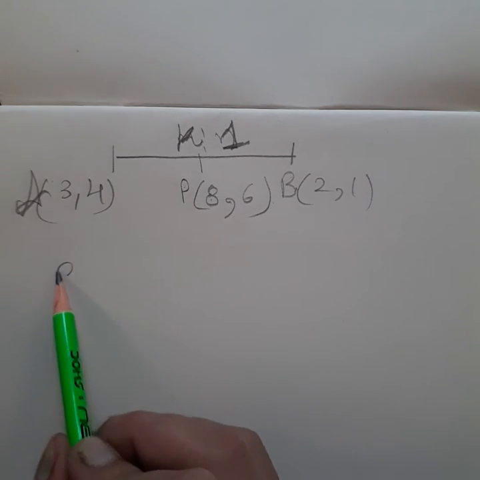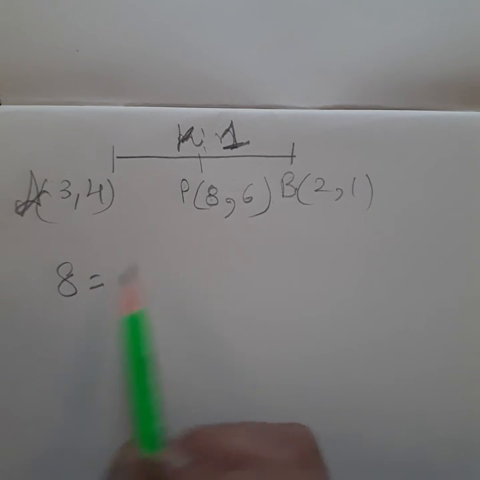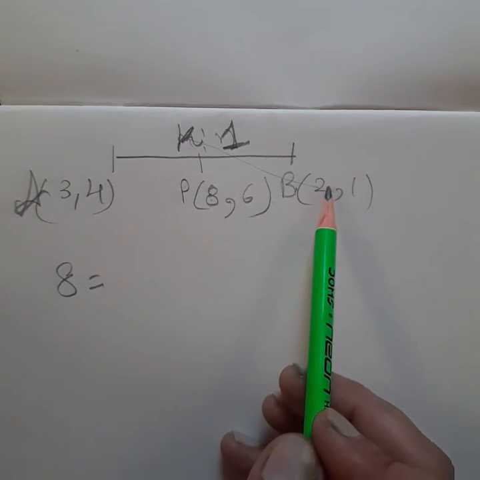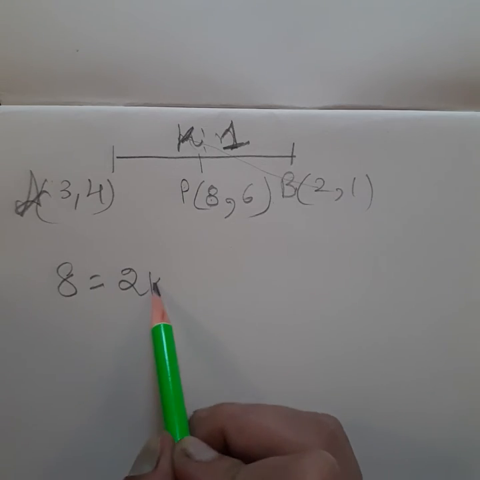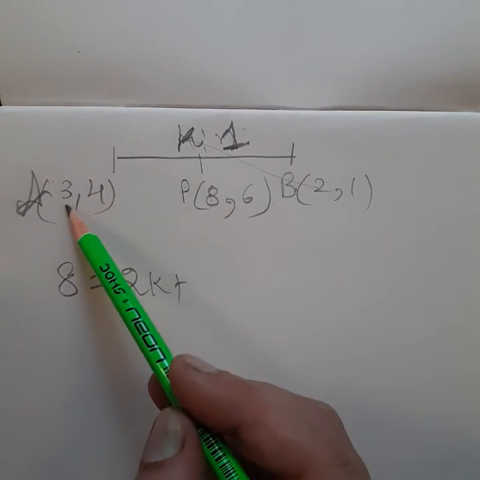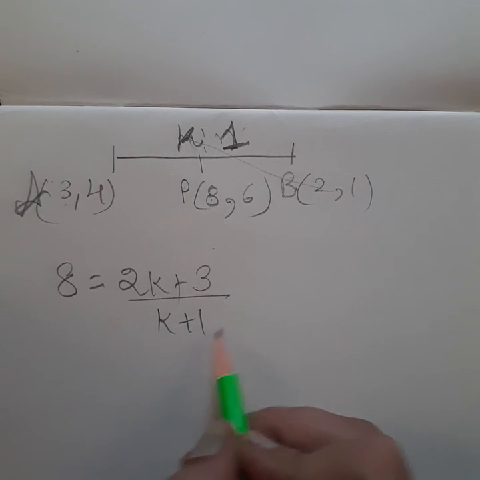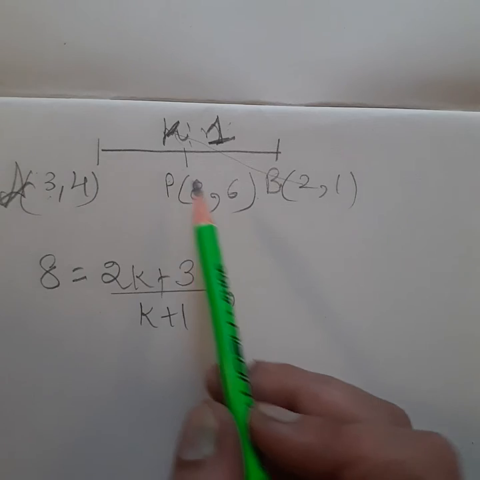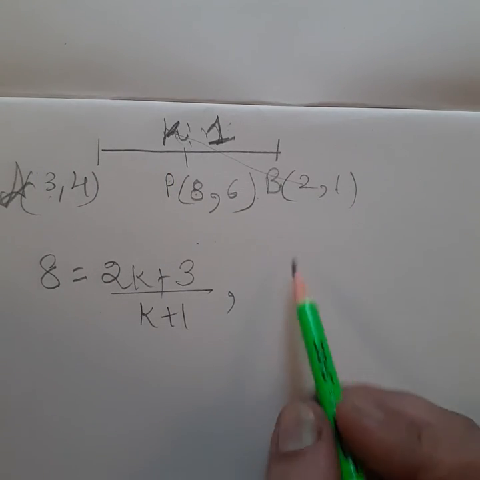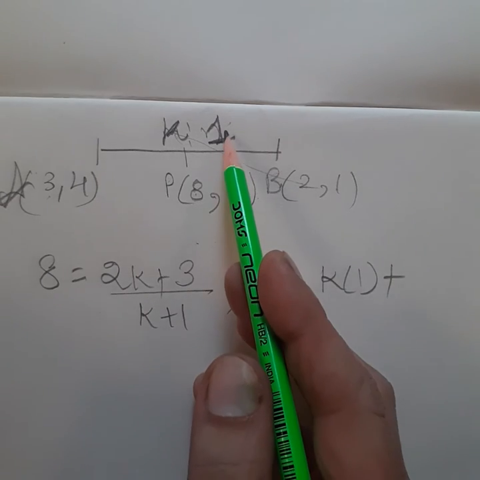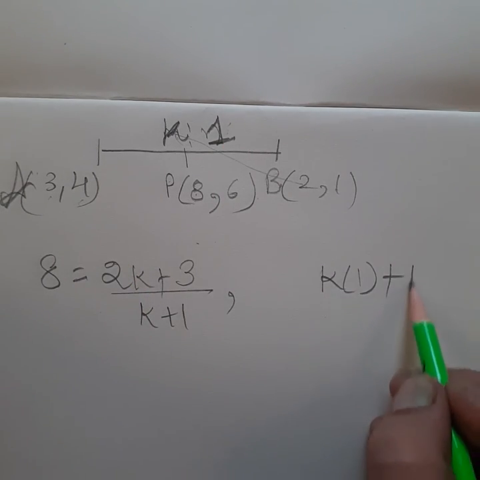Then in the place of x you can write 8, and multiply m by x2, k multiply 2, then you get 2k, and 1 multiply 3, then you get 3, and in the denominator you can find k plus 1. Okay, now multiply k with 1 and 1 with 4.